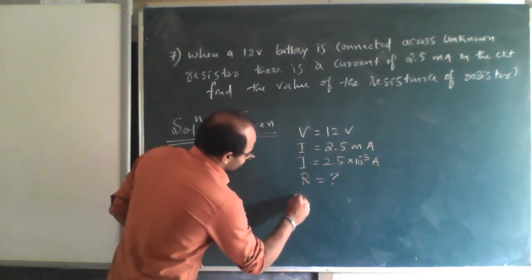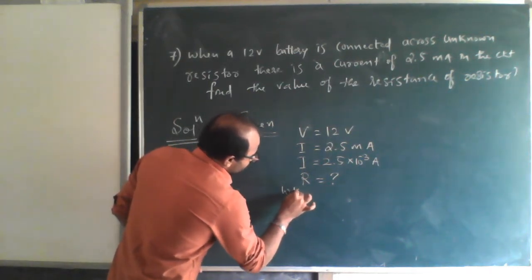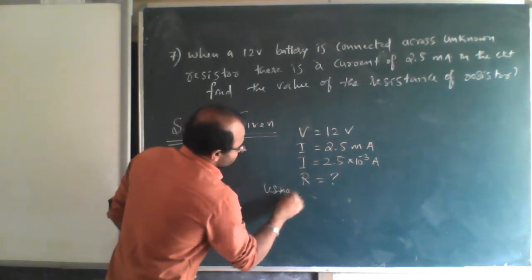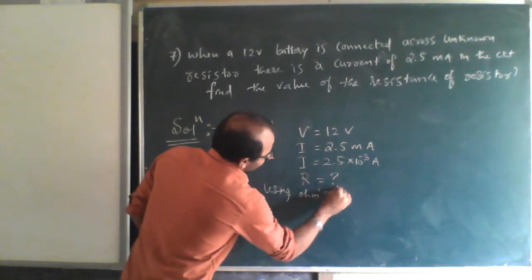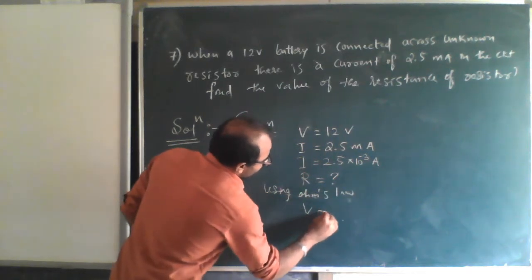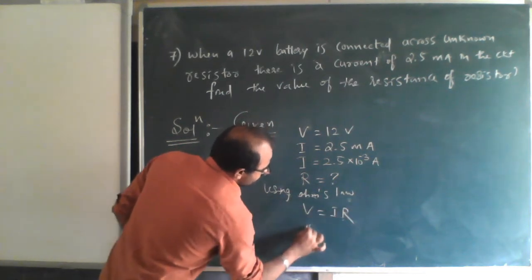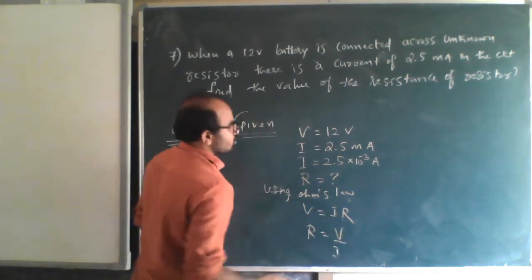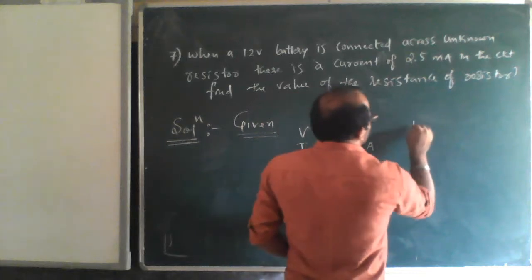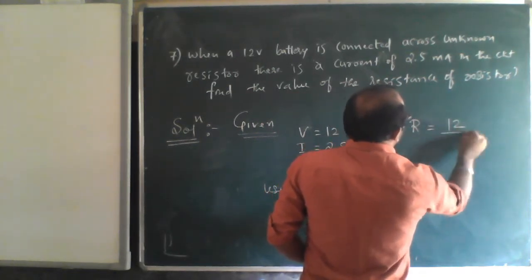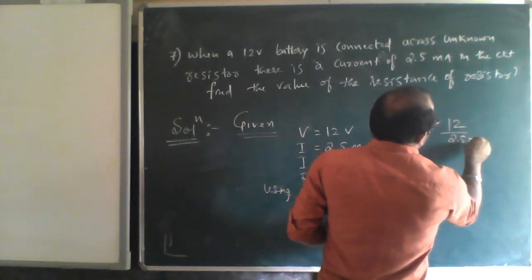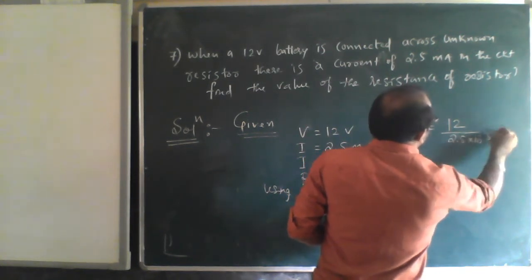Using Ohm's law, V equal to IR, and R becomes R equal to V by I. So R is equal to how much? 12 divided by 2.5 into 10 to the power minus 3.